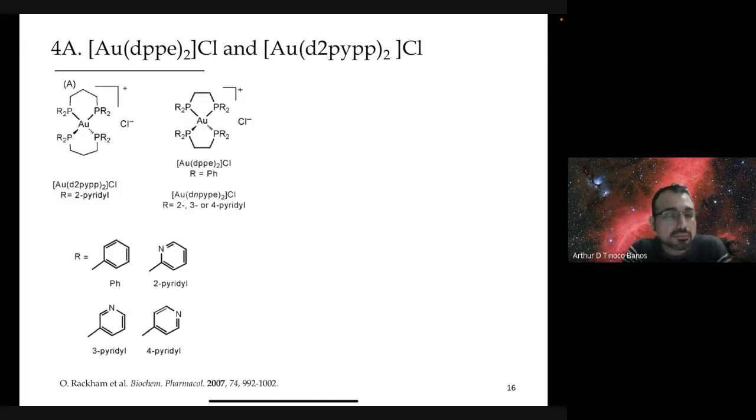Right, but let's look at some other examples of these compounds. Here we still have that DPPE ligand, and then we have another related type of bidentate phosphine group. What we're seeing is the use of these two primary compounds with different substituents. These are the substituents, so there are different aromatic groups.